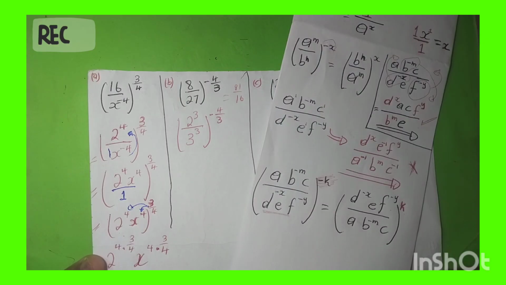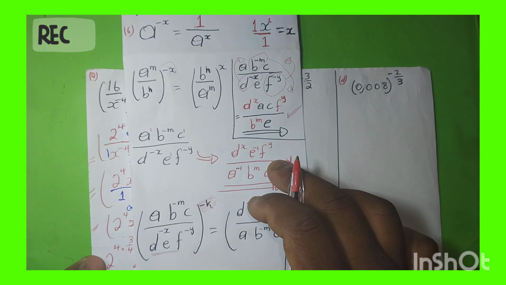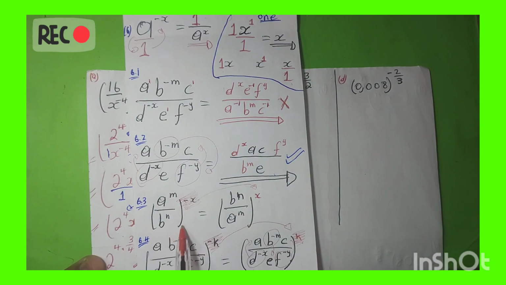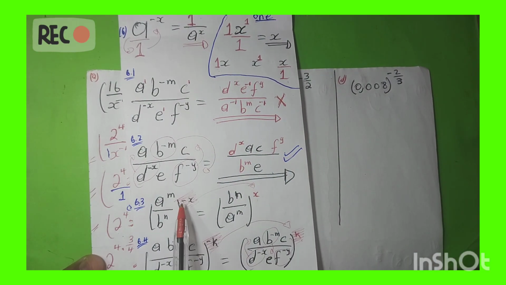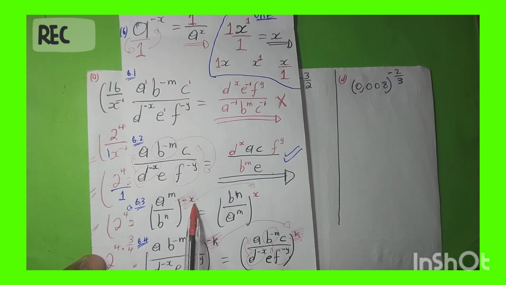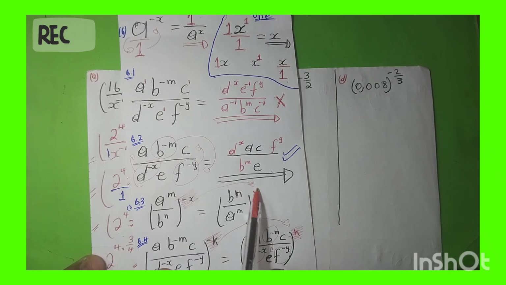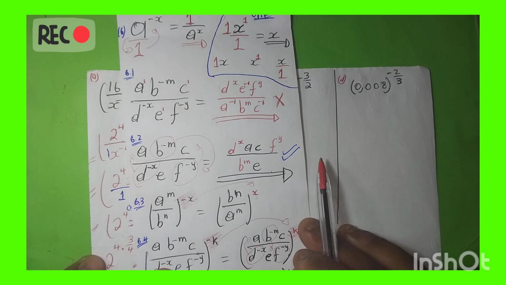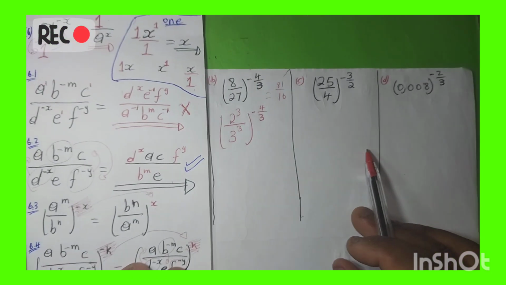Now remember from those laws of exponent, while I was explaining that video, that if you got a negative exponent outside the brackets, the moment you change it to be positive, it will flip the fraction inside the brackets.